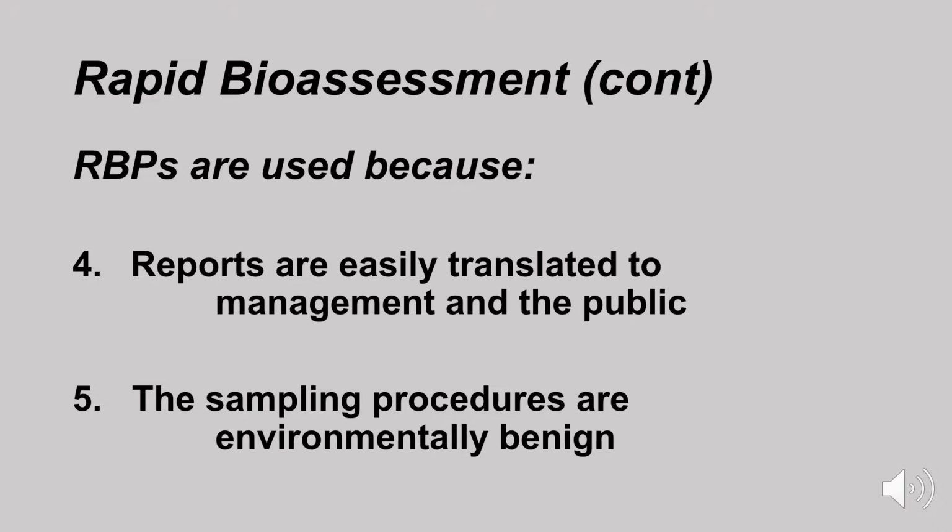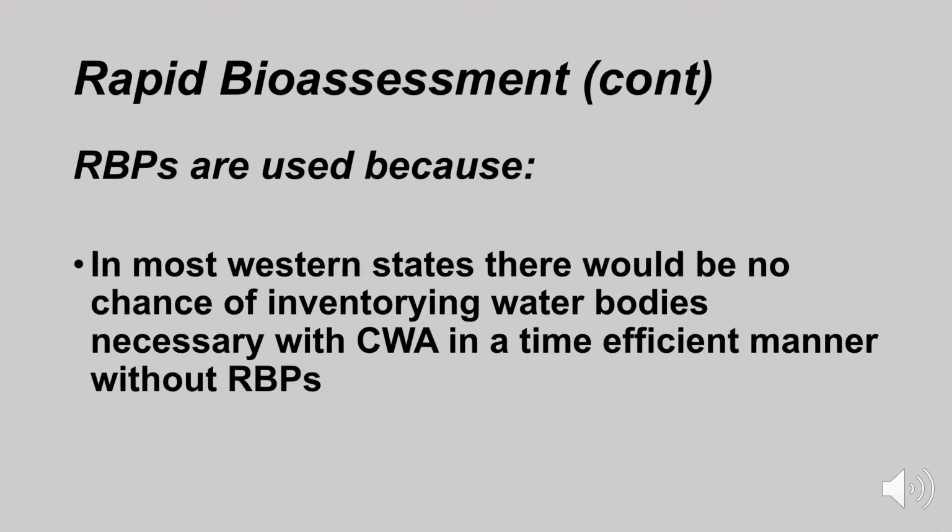So these RBPs are important. They're widely accepted. As you can see, these advantages, RBPs are used because simply in most Western states, there would be no chance of inventorying the thousands of water bodies that are required to be inventoried by the Clean Water Act.